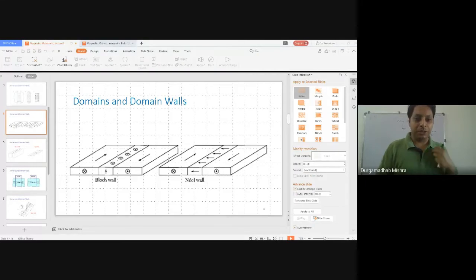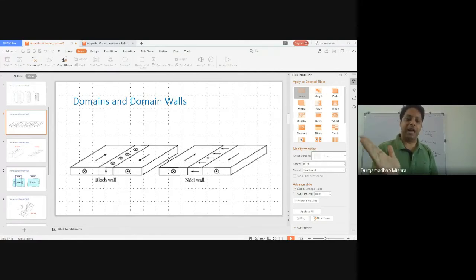This is another representation, a 3D representation of the Bloch wall. As you can see, the magnetization is lifted out of the axis, making an angle phi.